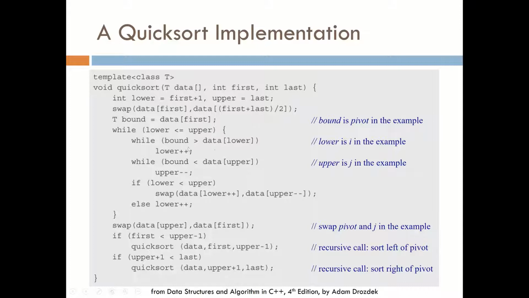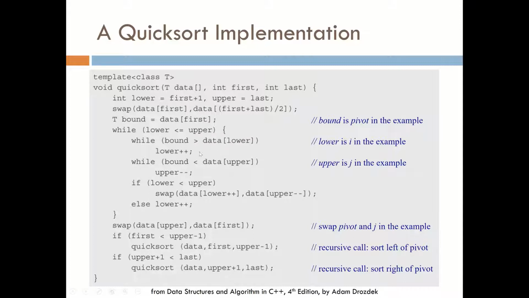Okay, the lower bound I will call I in my example, mainly so that there aren't too many characters on the screen, and I have too many words there. So I will call lower, the lower index, I will call that I, and you notice that lower moves to the right.